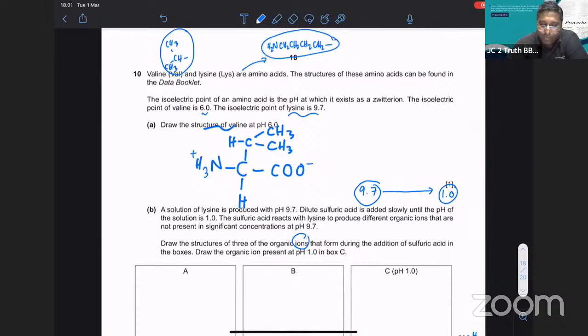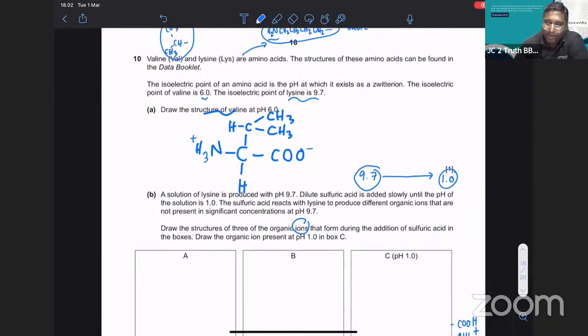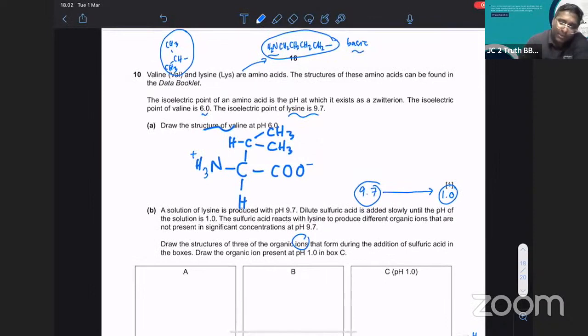You know that it is a zwitterion at 9.7. Lysine is a basic amino acid, so it is going to react with acid. So at pH 1, what do you expect? At pH 1, the R part is also reacting.